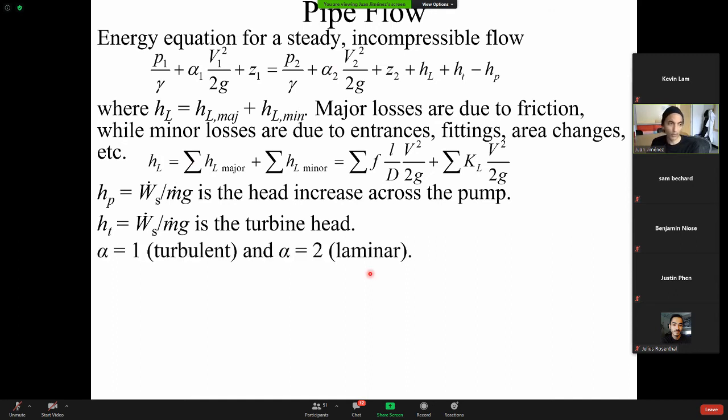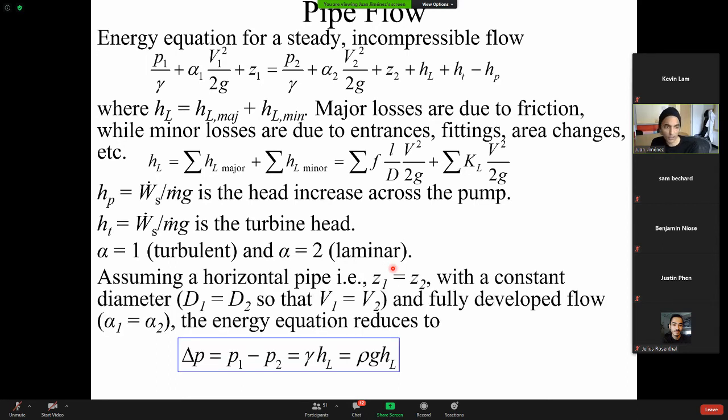And then remember alpha, and again, this is in the equation sheet, but just so that we talk about it: 1 is turbulent, 2 is laminar. And this is for a special case: if you have a horizontal pipe with constant diameter, that means that your velocity at point 1 is going to equal the velocity at point 2, as long as it's fully developed, right?